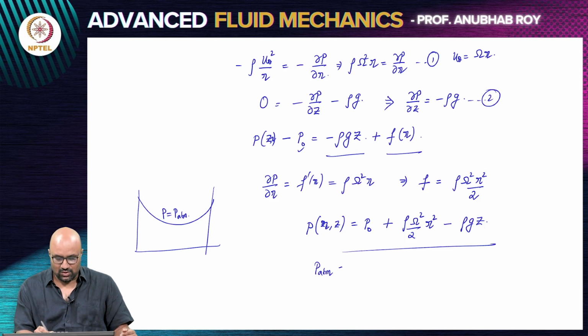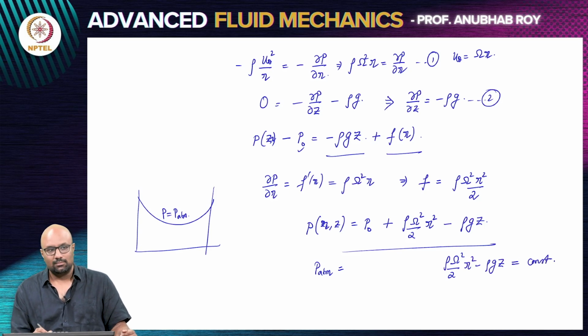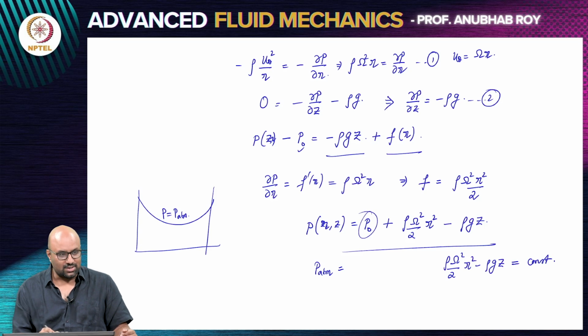So, you will have P atmospheric on the left hand side, and so effectively you arrive at an equation which gives you rho omega square by 2 r square minus rho g z is equal to a constant. P naught was some arbitrary constant we chose. Obviously, when you set this equal to atmospheric pressure, you would find that the constant should be equal to your atmospheric pressure. So, all well and good.